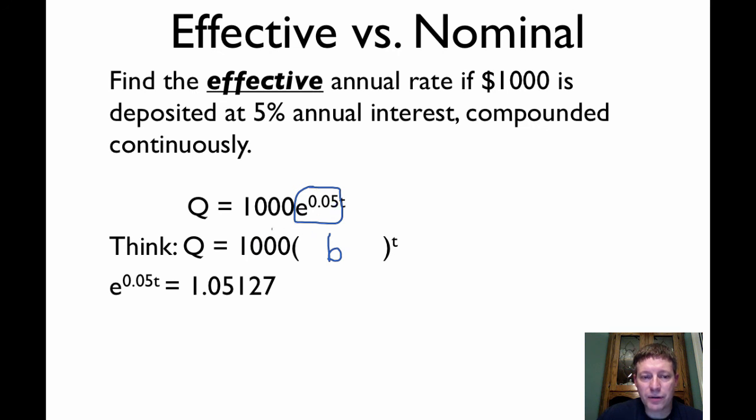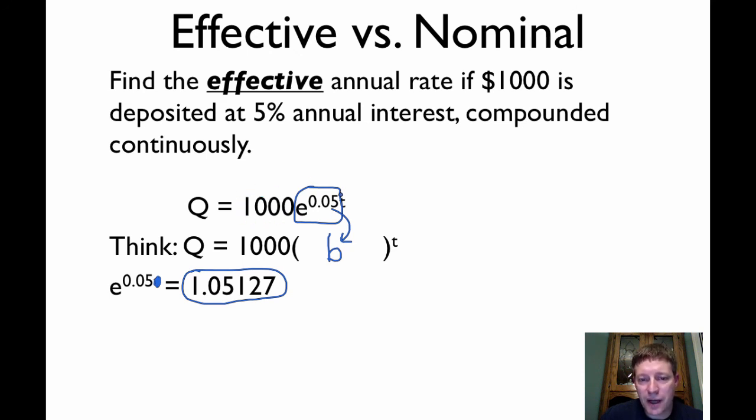And so it turns out that if you would calculate, and that t is extra there, if you would just calculate e to the 0.05 power, you would find out that the equivalent to that, e to the 0.05 power, would be a b value, or a growth factor of 1.05127. This is actually a pretty nice little way of calculating the effective rate. All you have to do really, I mean, it wouldn't matter whether it's $1,000, $2,000, $5,000.